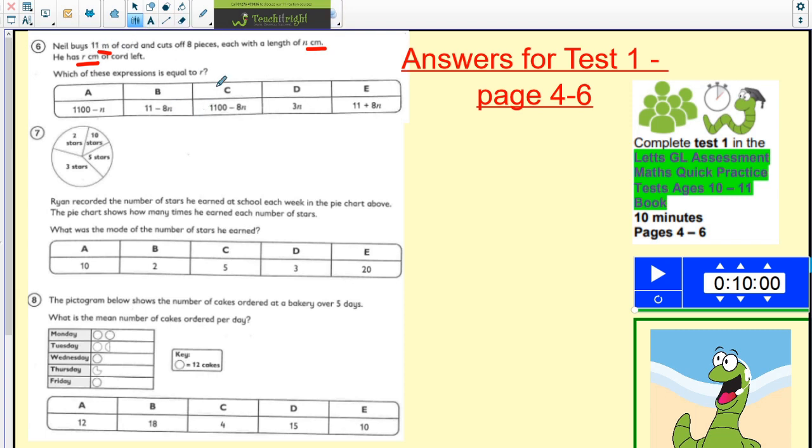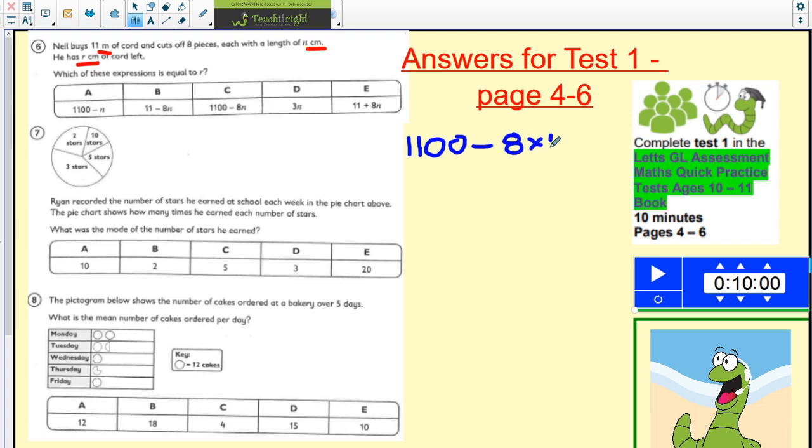So the first thing I'm going to do is turn my 11 metres into centimetres. So 11 metres is 1,100 centimetres. And since we're told that we've lost 8 pieces of n, means we've taken away 8 lots of n, and in maths, lots of means times, so we've lost 8 times n.